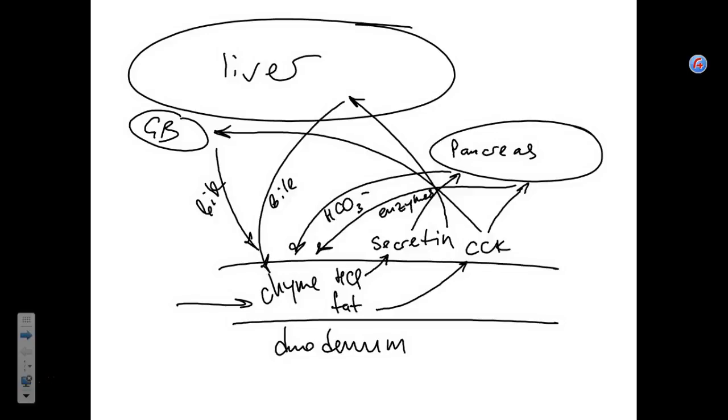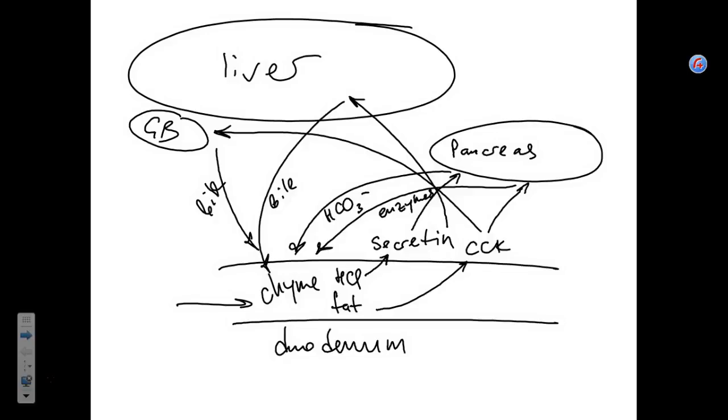Some of that bile salts will be absorbed back and stimulate more bile. And as long as there is food in the intestine, this positive feedback will work out. When chyme goes away, when everything is digested, there's no stimuli, so excessive bile will be instead stored in a gallbladder. Does that make sense?